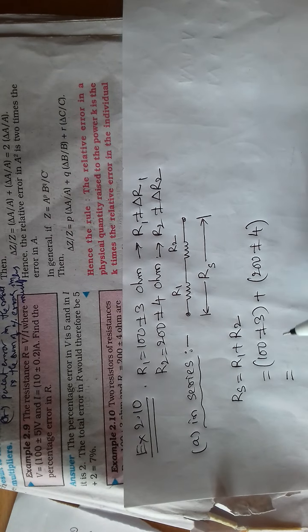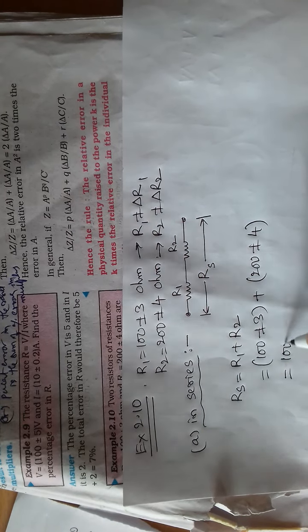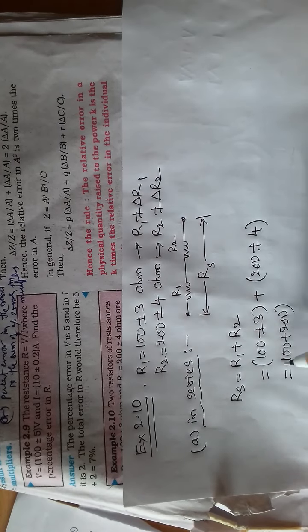Substituting the values: R1 value 100 plus or minus 3, plus R2 value 200 plus or minus 4. Now, first we add the mean values, 100 plus 200, plus or minus.